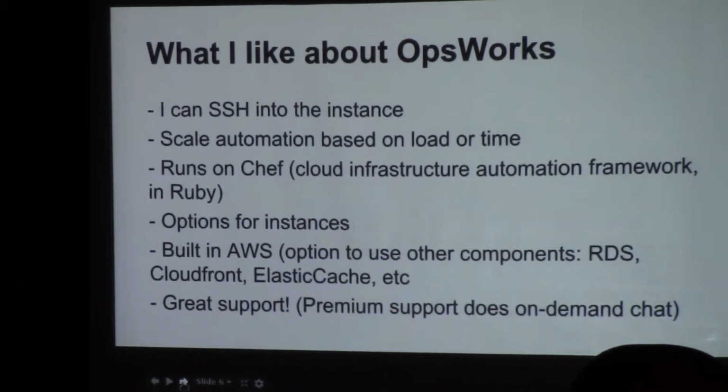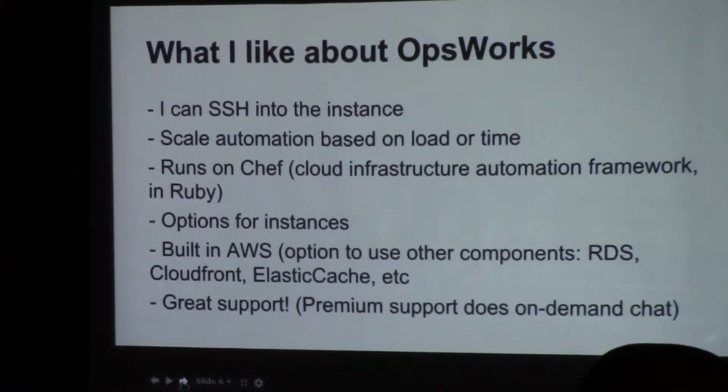The other thing is there's scale automation based on load or time, so you can set your OpsWorks stack to react depending on the traffic that comes in or on the time of the day. It runs on Chef, which is great because Chef is a cloud infrastructure automation framework written in Ruby.